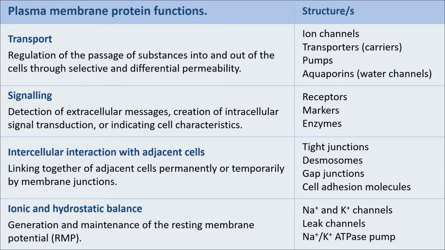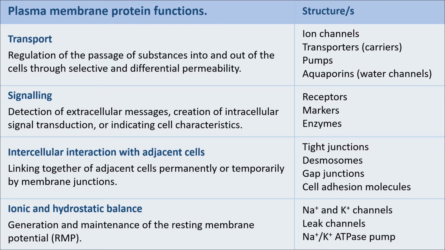And finally, and this will be part 3, we'll talk about maintaining ionic and hydrostatic balance. If you remember from your pre-reading, between the intracellular and the extracellular compartments, we have chemical disequilibrium in that we have different chemicals in the different environments, so different ions.